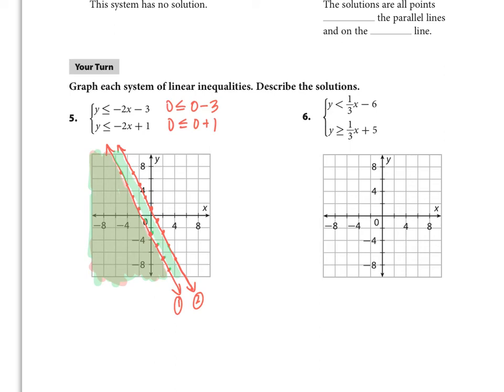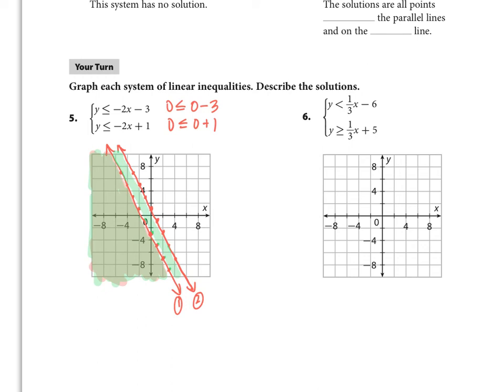So what that means is everything that's a solution to the first line, that's this one right here, if it's a solution to that one, which is this dark green area, it's a solution to the whole system, because they share that area.